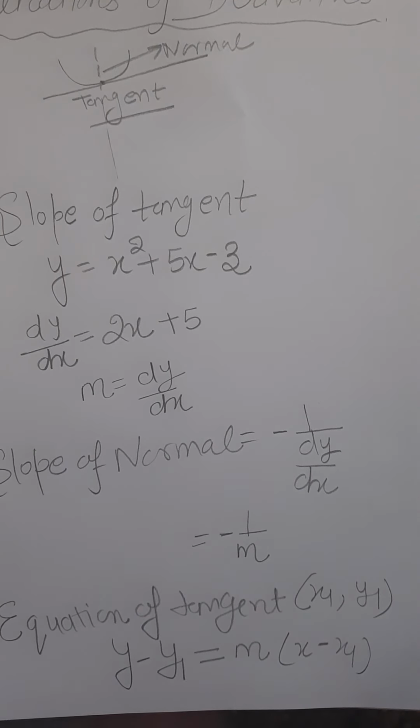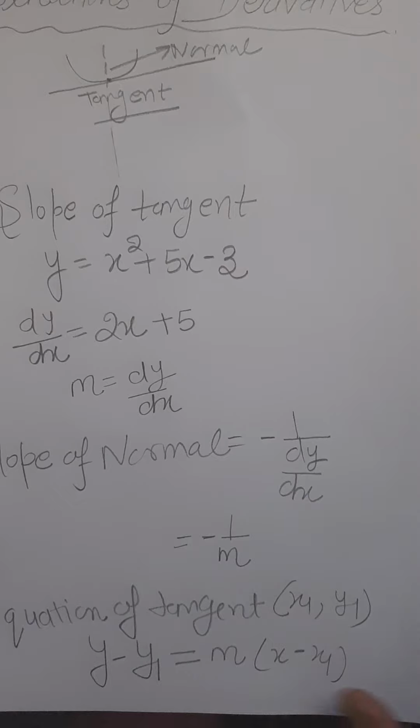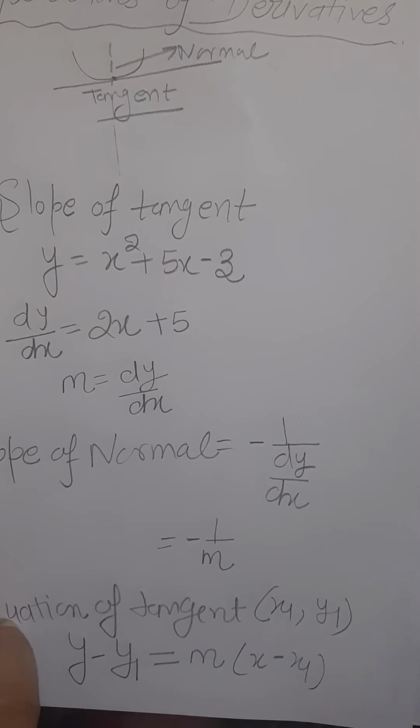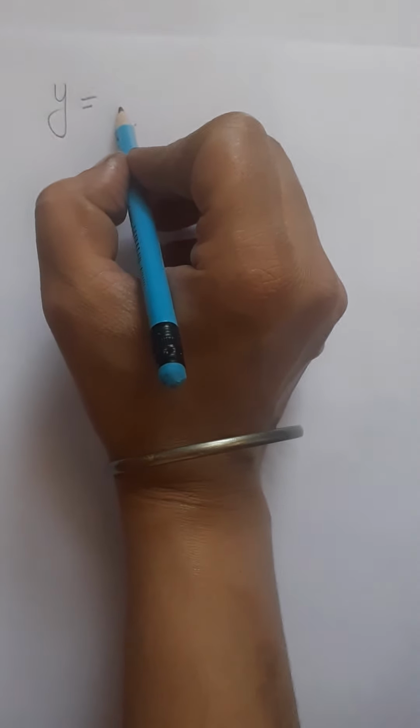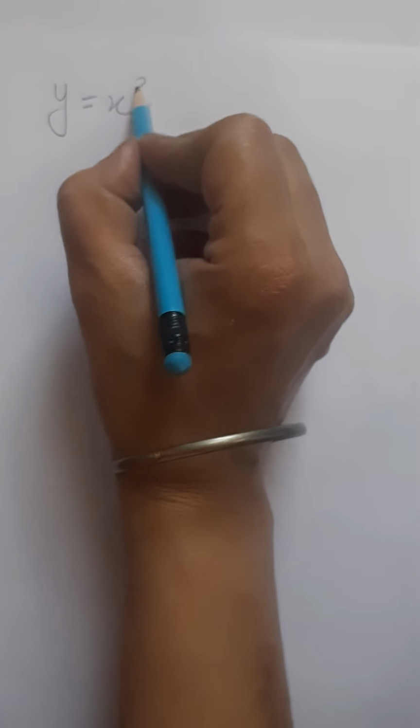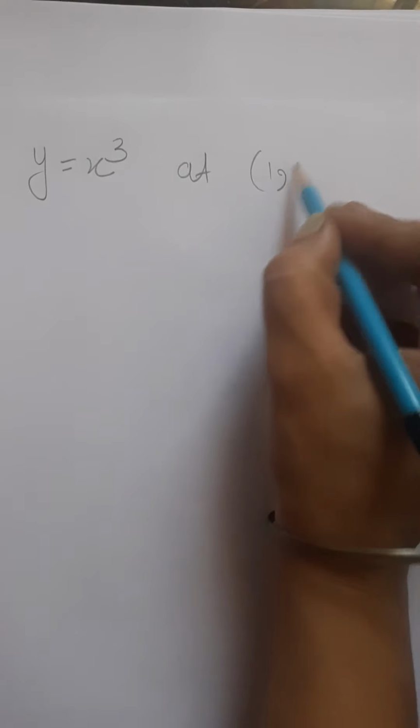To understand it, we take an example: y is equal to x cube at the point (1, 1).